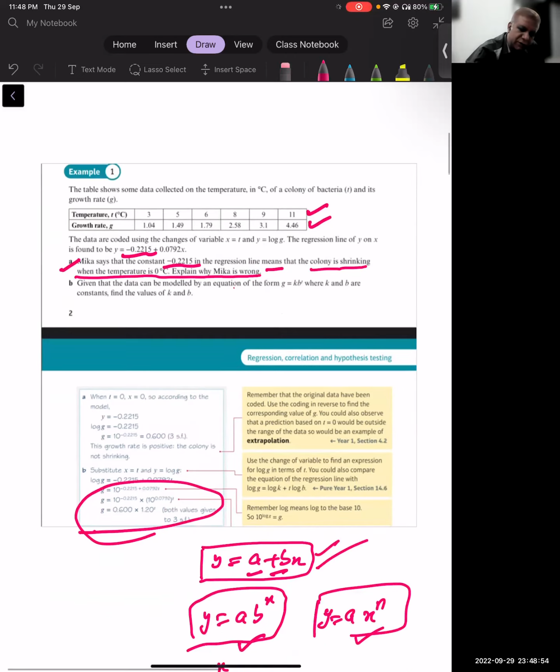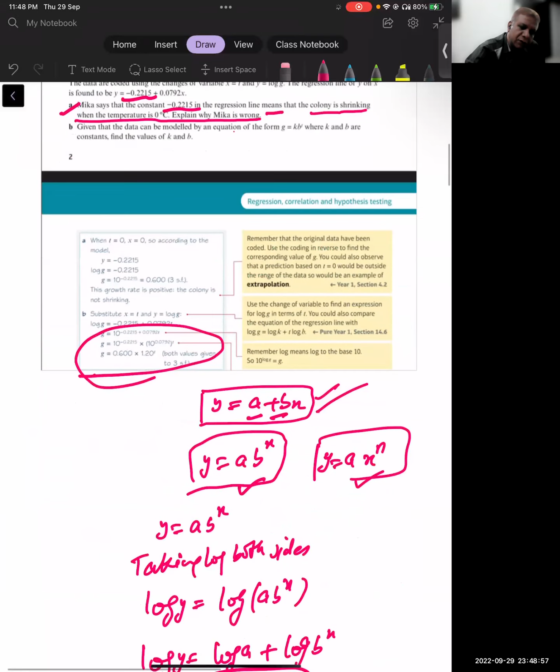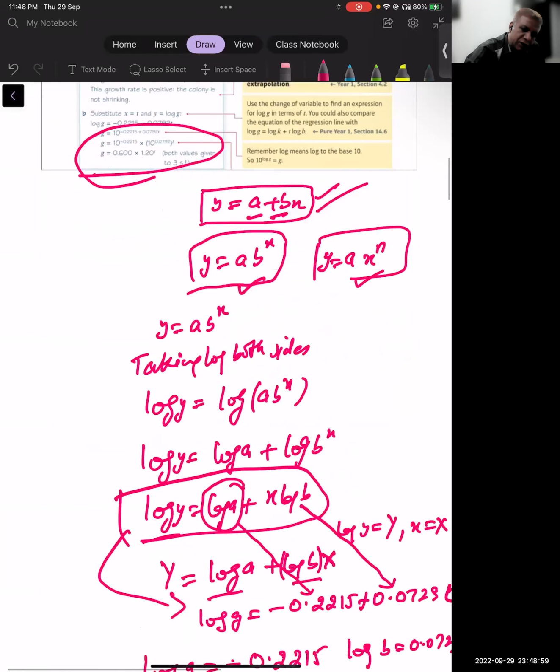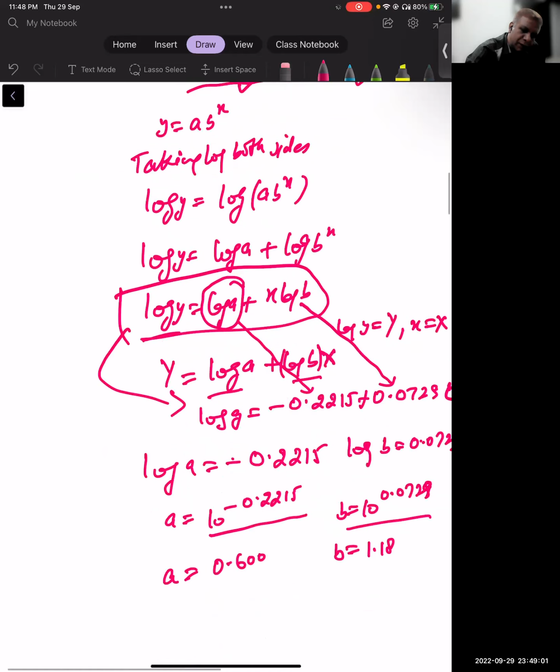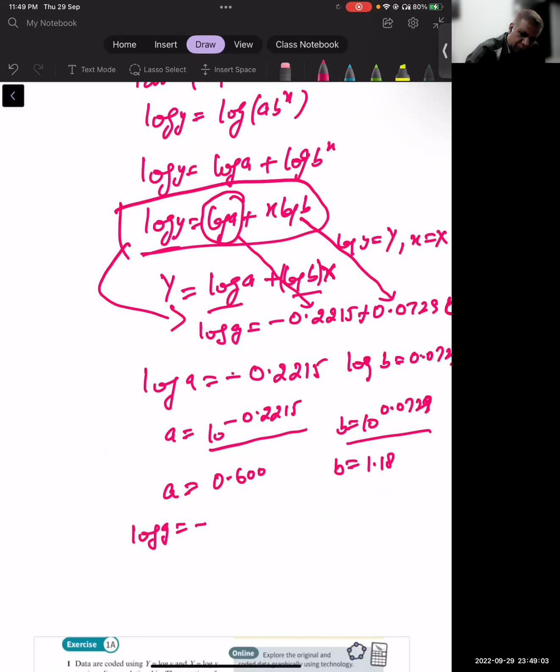Now, I tell you the answer. The equation is log G is equal to minus 0.2215 plus 0.0729 T, right? This is the equation which is given to us. He is saying temperature is 0. Temperature is 0.